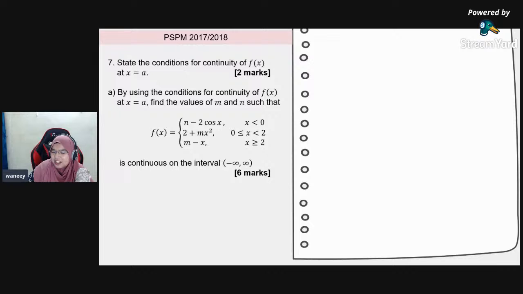Oh, ada dah. Ada satu. Adakah anda pasti jawapan anda muktamad?